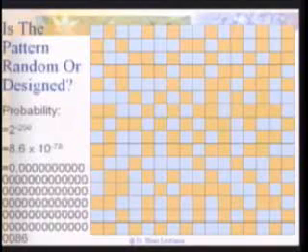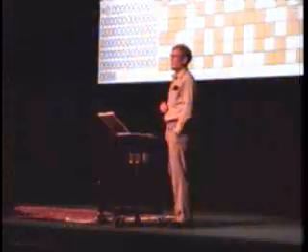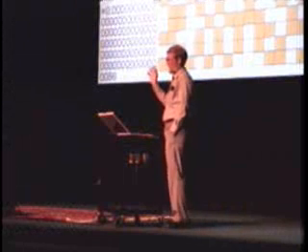If I show you a pattern, this is just a pattern 16 by 16 squares. And I've colored the squares, some blue and some orange. Does that look like some kind of design there? Does that look like some figure you can recognize? I don't think so. I don't think you can make much sense out of that.